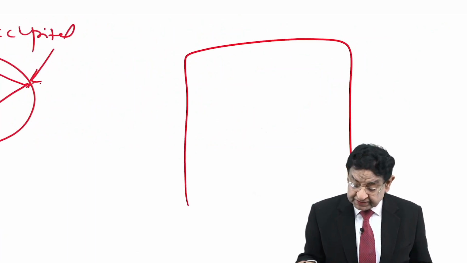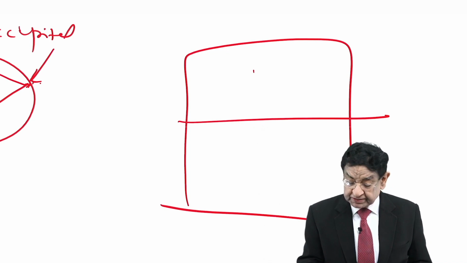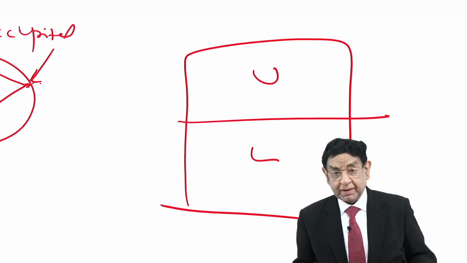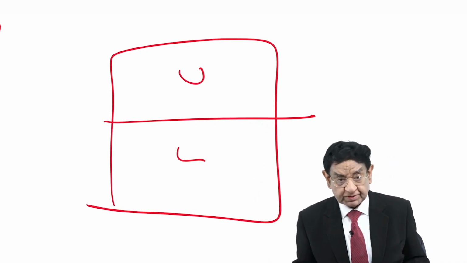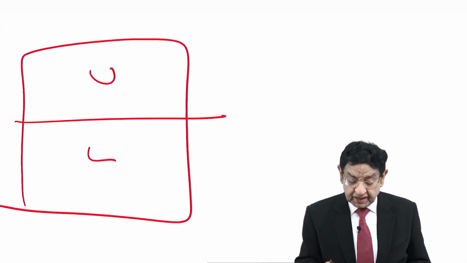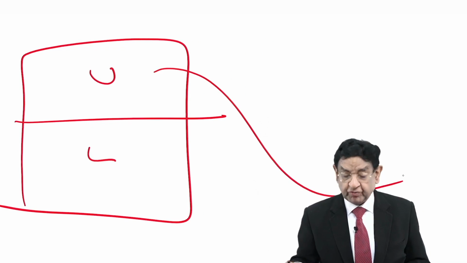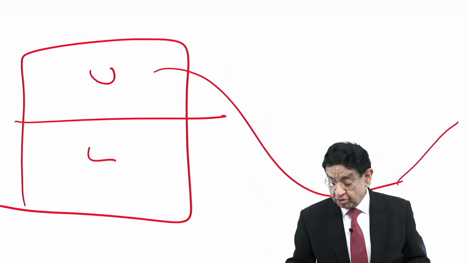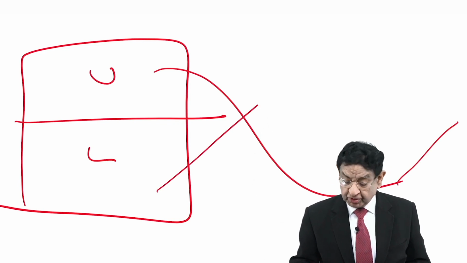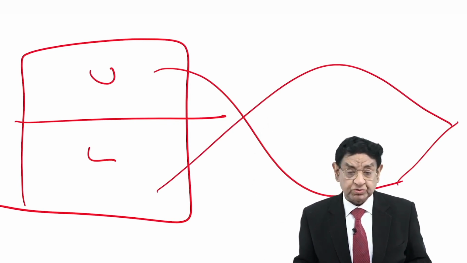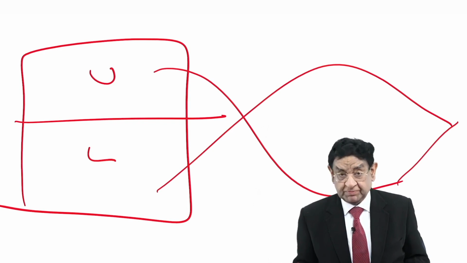This is the box, the upper box and the lower box. You are watching this box, but the upper field goes via your temporal lobe to the occipital lobe, and the lower field goes via your parietal lobe and ultimately to the occipital lobe.